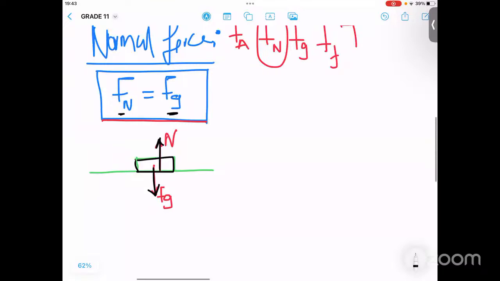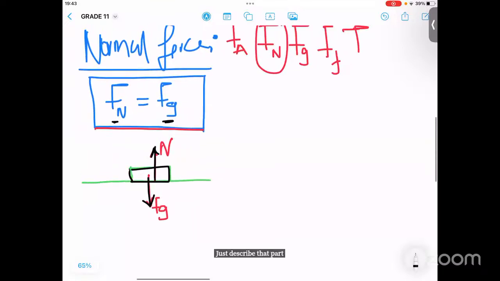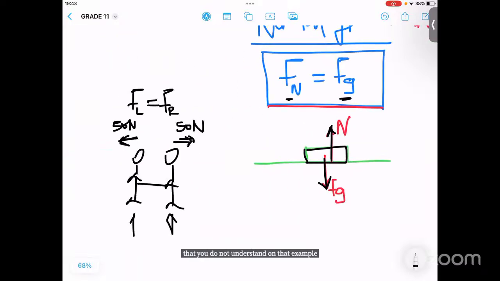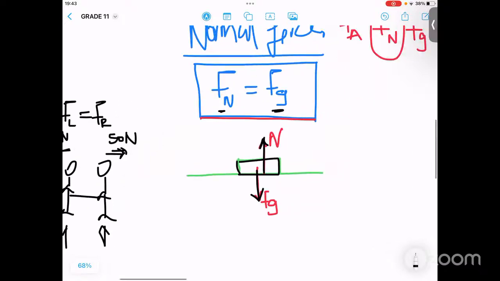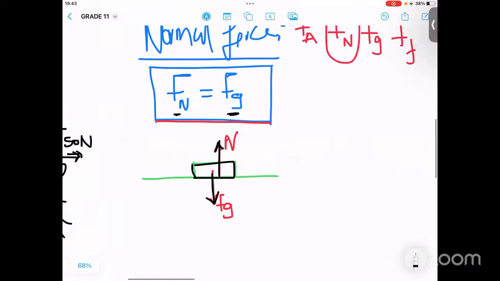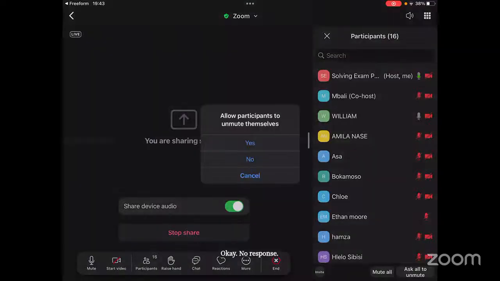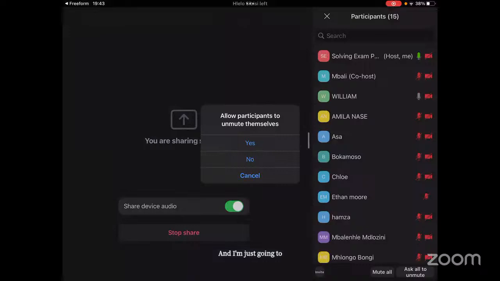Just describe that part that you do not understand on that example. Okay. No response. I'm just going to mute, or maybe I'll say no.